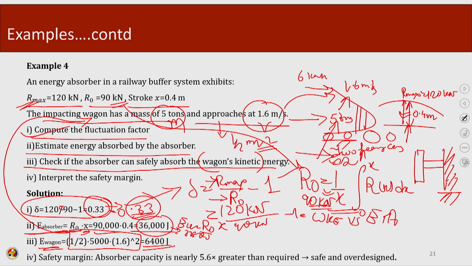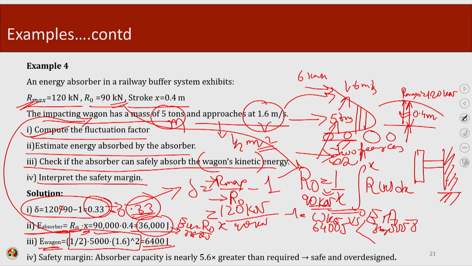The wagon's kinetic energy comes down to 6400 joules, and the energy absorbed by the energy absorber comes out to be 36,000 joules. So, the energy absorbed by the energy absorber is significantly higher than the kinetic energy of the wagon. Can the absorber safely absorb the wagon's kinetic energy? Yes. Now interpret the safety margin.